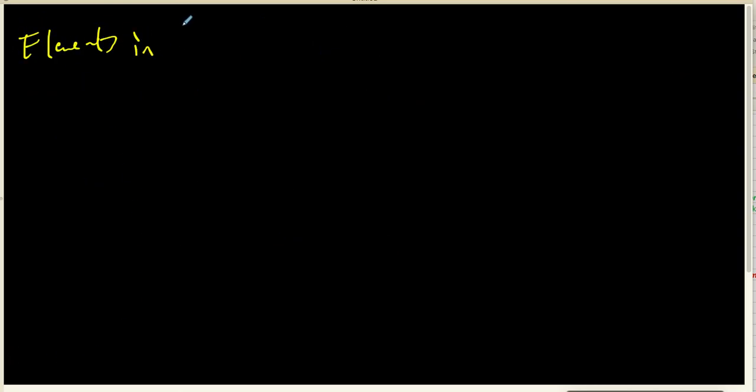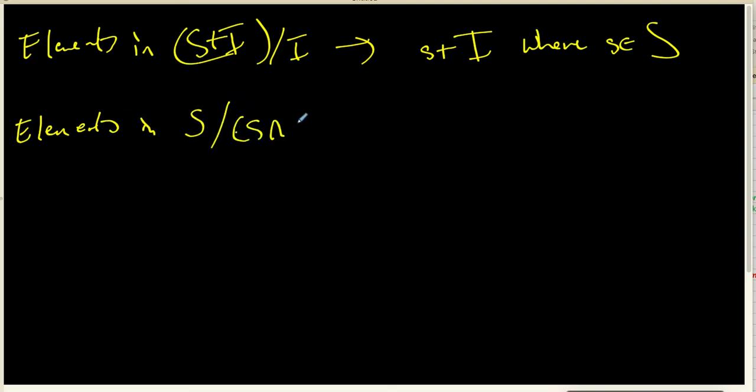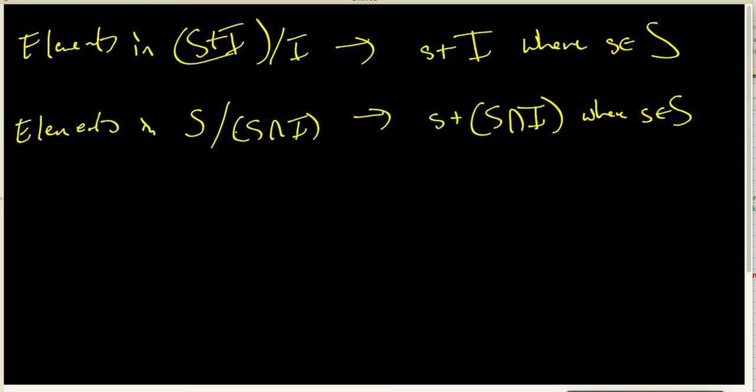Elements in my domain ring, S plus I mod I, look like little s plus I, where little s is pulled from the subring S. And the elements in my target ring, S mod S intersect I, look like little s plus S intersect I, where little s is pulled from S. So there's an obvious candidate to try for our hopeful ring isomorphism.